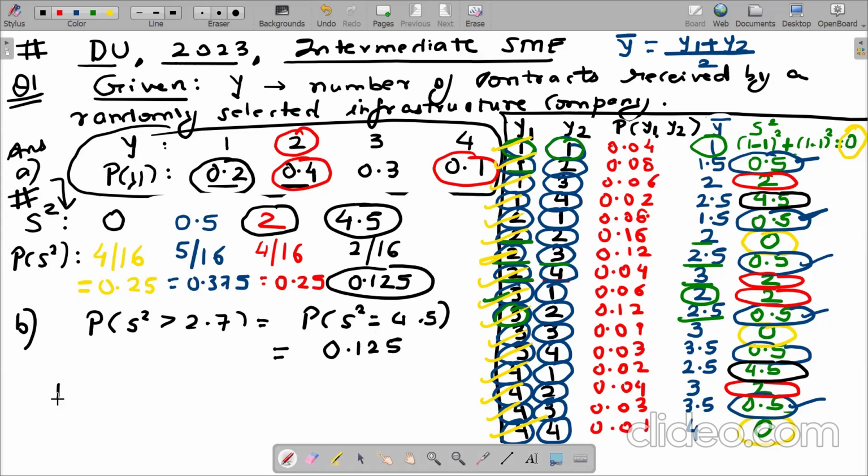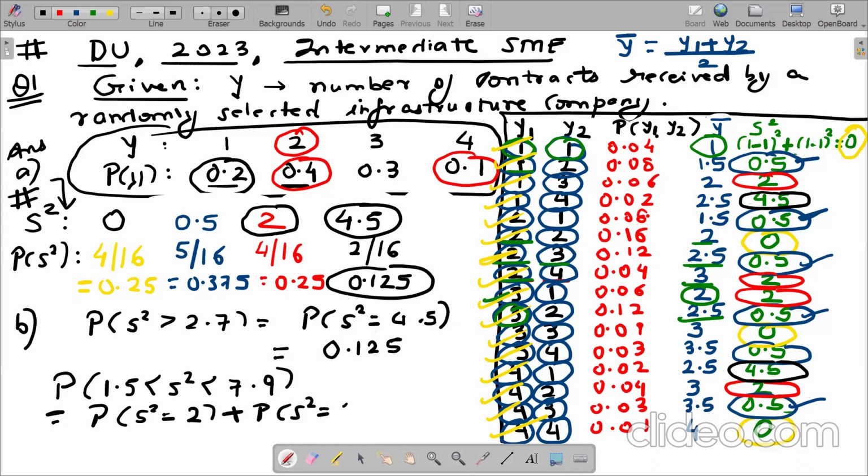And then the question is also asking us to find the probability of S square lying between 1.5 and 7.5. So this is probability of S square taking the value 2 plus probability of S square taking the value 4.5. Because S square takes two values between 1.5 and 7.5. These values are 2 and 4.5.